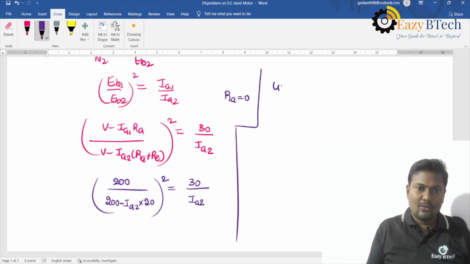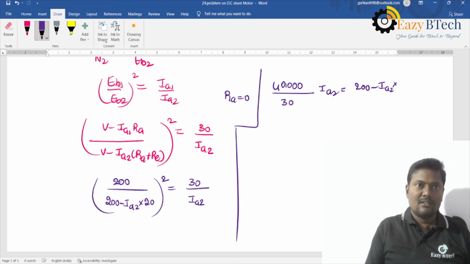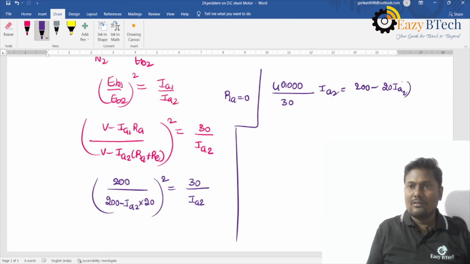So from this, 200 whole square is 40,000 divided by 30 into IA2 is equal to, if you cross multiply, IA2 into (200 minus 20 IA2) whole square.